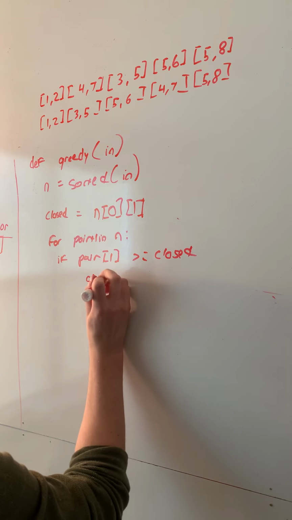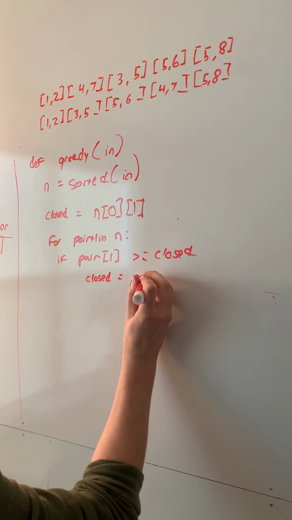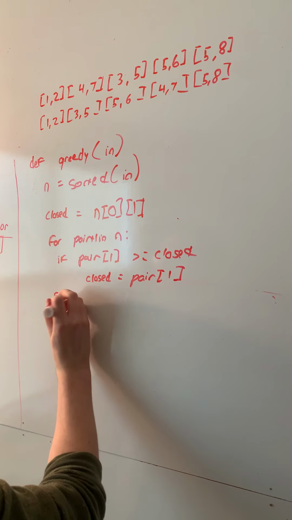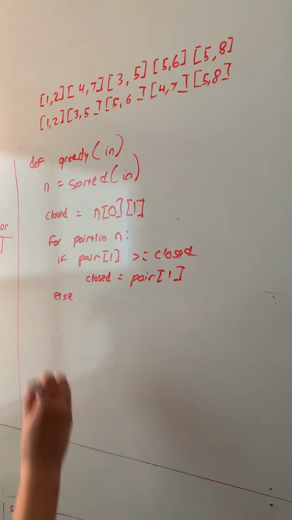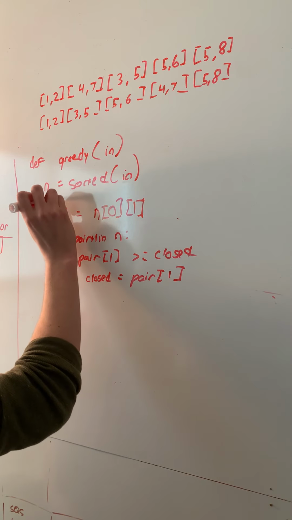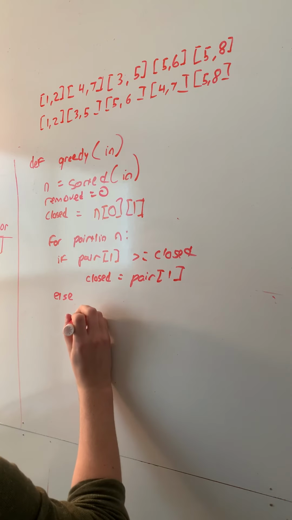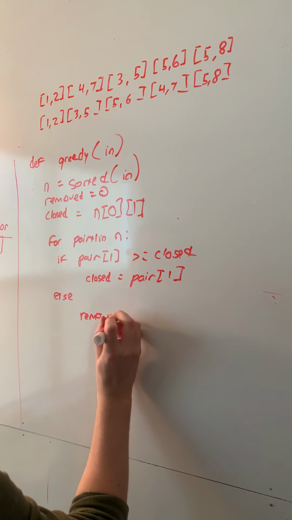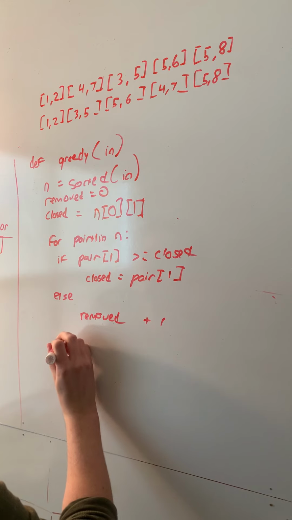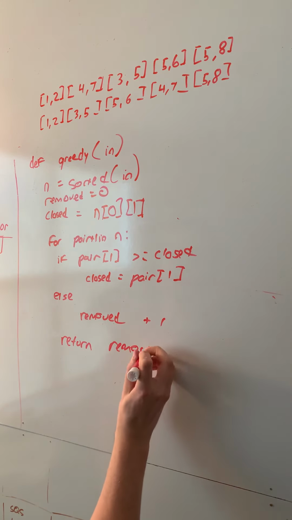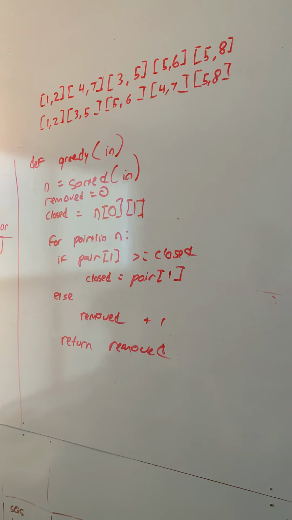So our new closed would be equal to this pair's end. Otherwise, we'll have removed one more element. And that's really all there is to the greedy method.